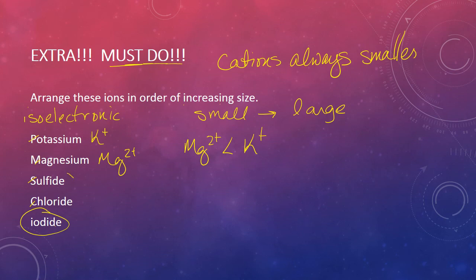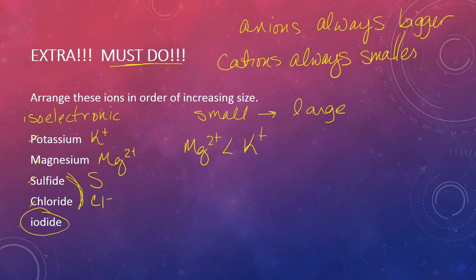All right, now let's look at sulfide and chloride. Remember, anions always get bigger. Okay, so chloride has a 1 negative charge. Sulfide has a 2 negative charge. Who gained the most? Who gained a little?